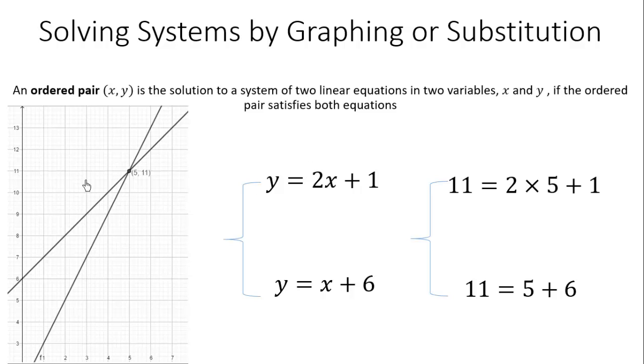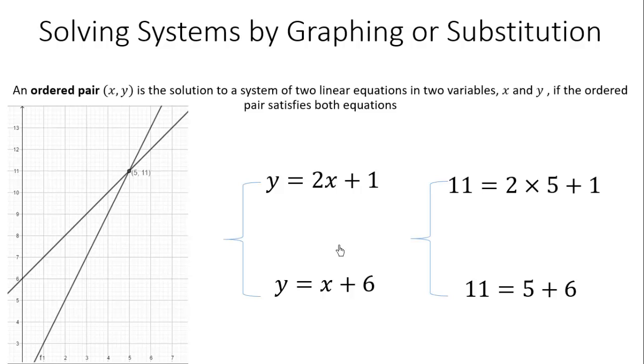The solution represents the point of intersection of these straight lines. So in this case, we say the system is independent and is consistent. Because it has a solution, the system is consistent. And because the solution does not depend on any other variable, we say it is independent.